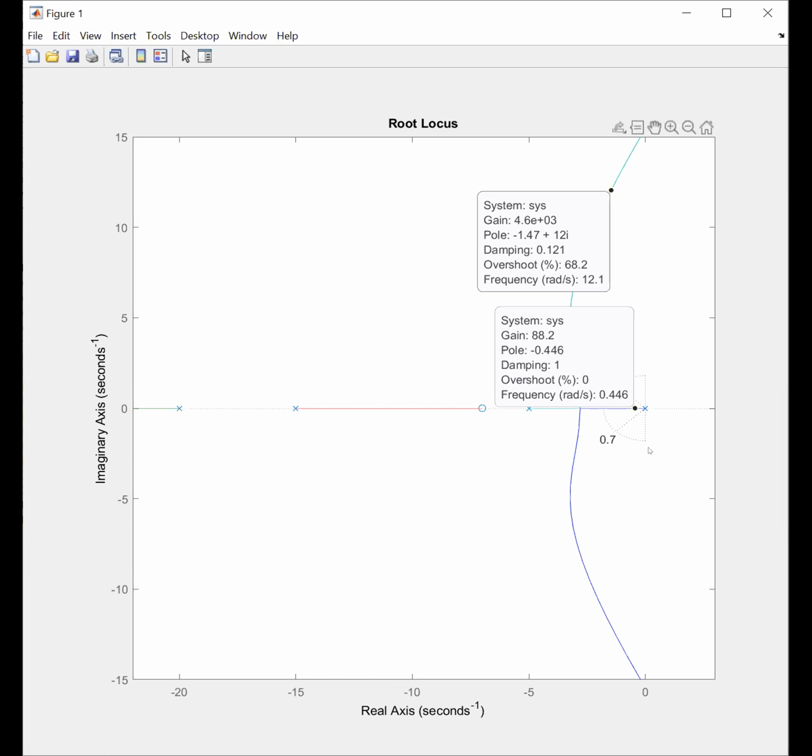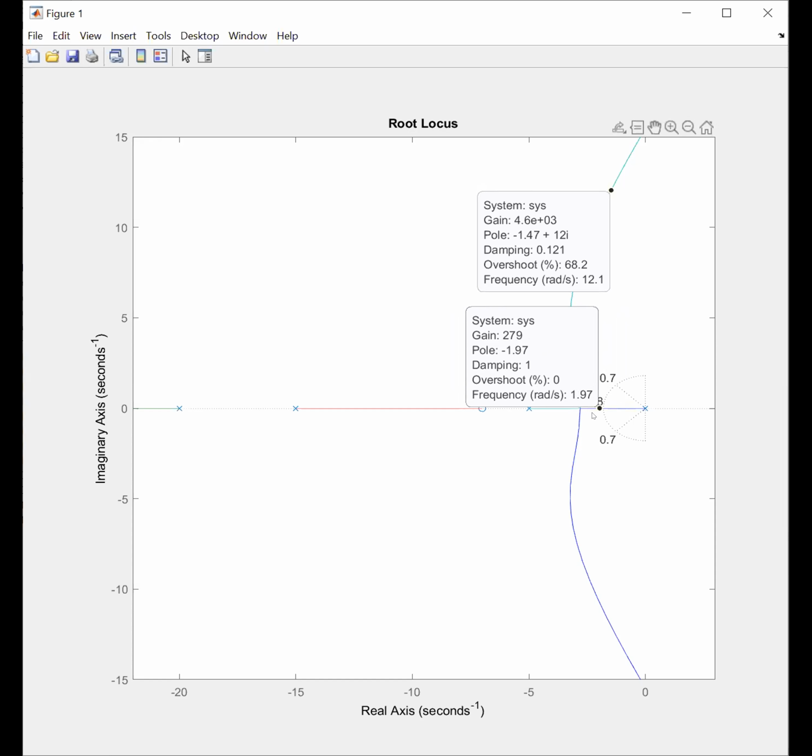So what I'm going to do is, I am going to drag this, observe the frequency ingredients keeps on changing. And now I go here. And can you see when my gain is 279, my overshoot is 0% and my frequency is 1.97.